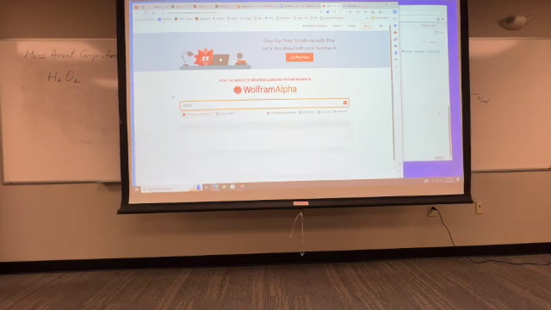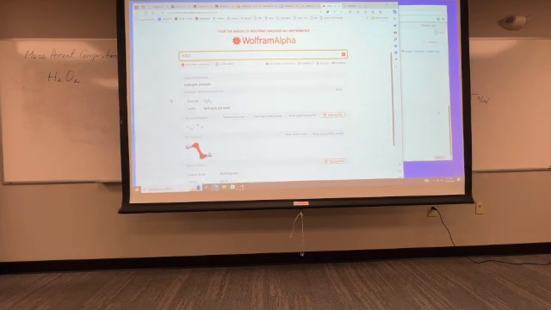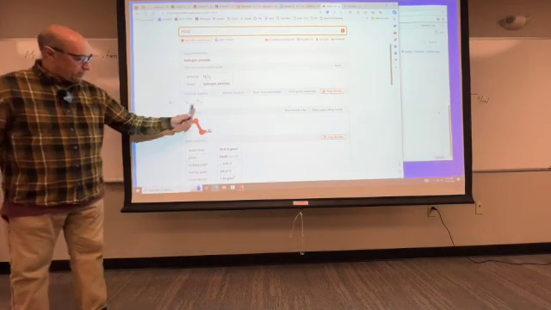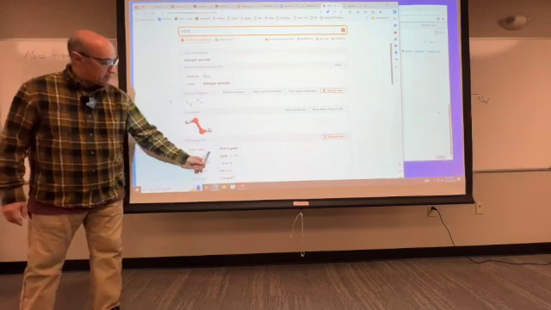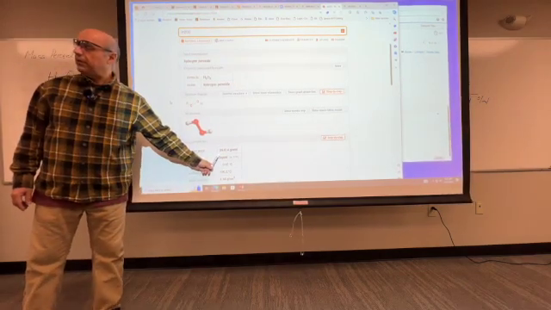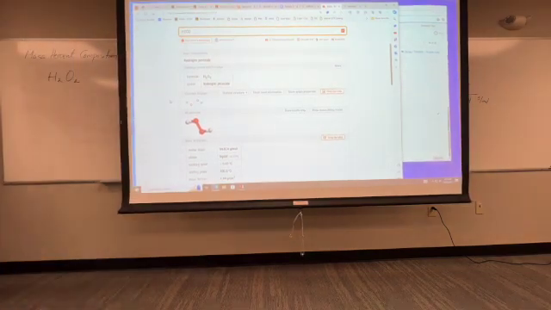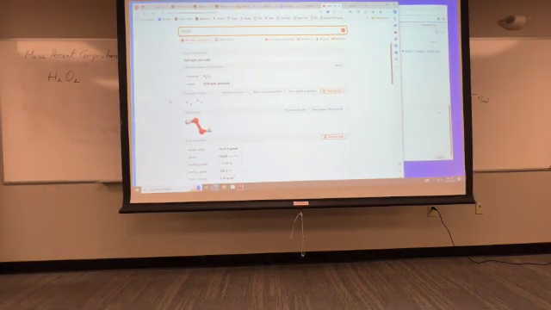And hit enter. It gives you the name, hydrogen peroxide. It gives you the molar mass, exactly what we got, 34.014. And then let's see if it gives the mass percent composition.